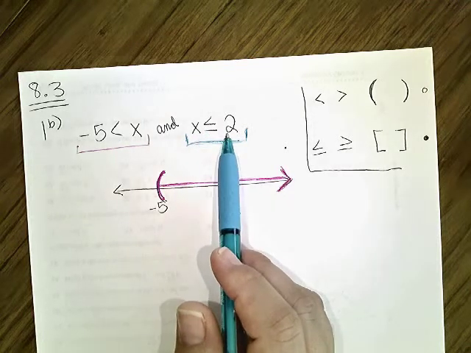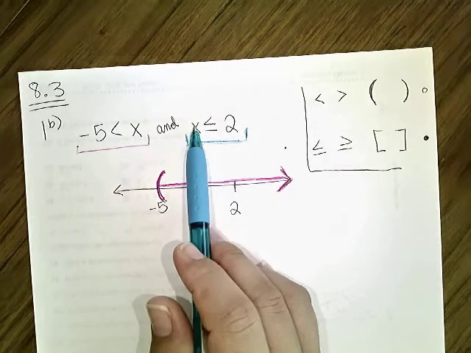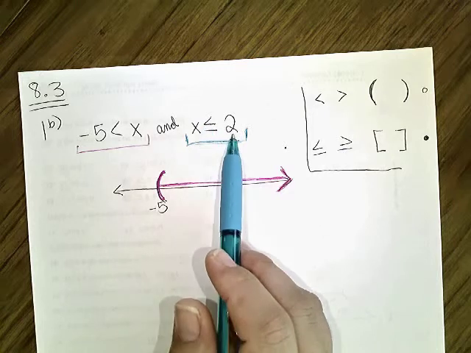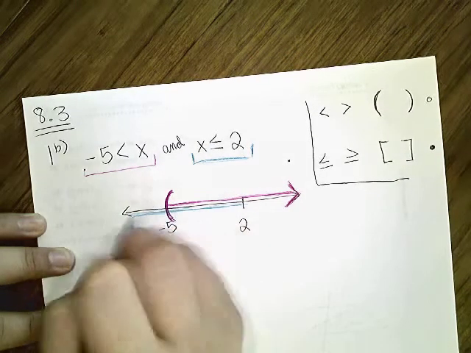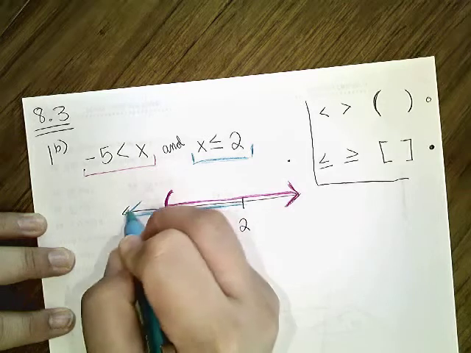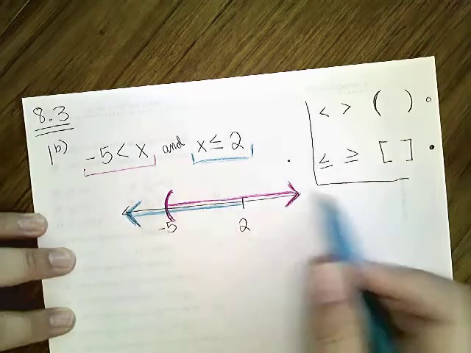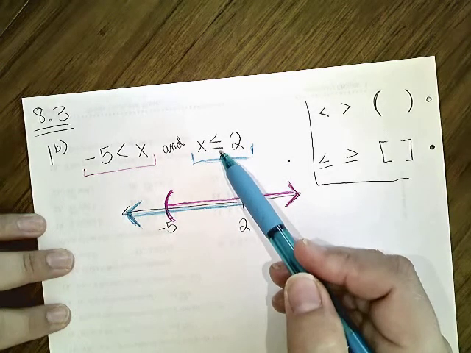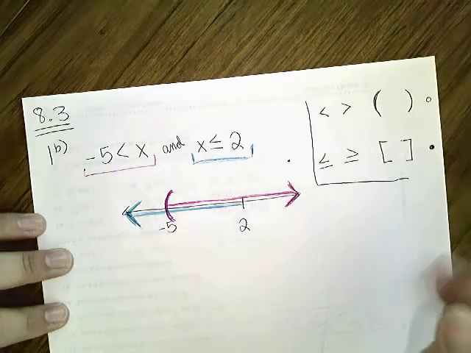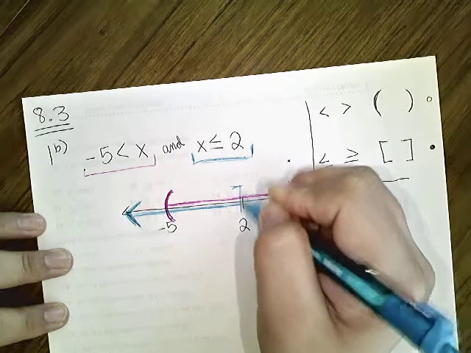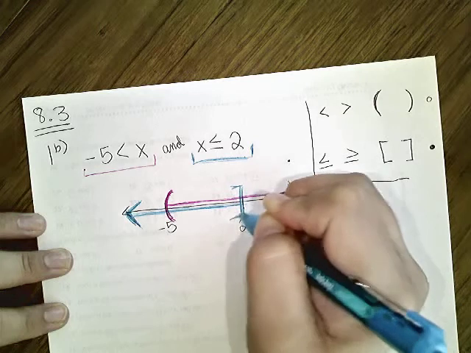That's true. -100 is definitely less than or equal to 2. So we're going to go ahead and shade to the left for this region. And because this is less than or equal to, we're going to have a bracket, and we're going to open in the direction that we're shading. So our bracket is going to open to the left.